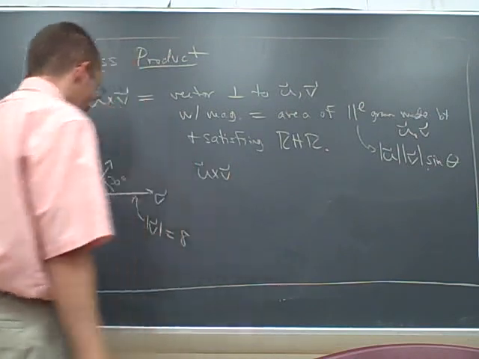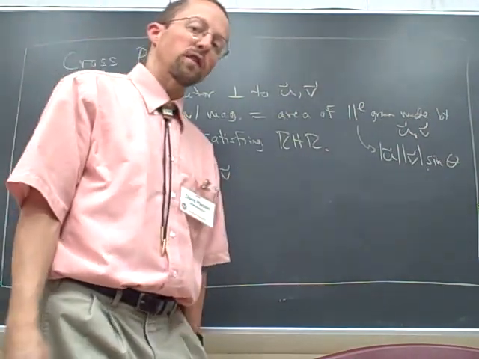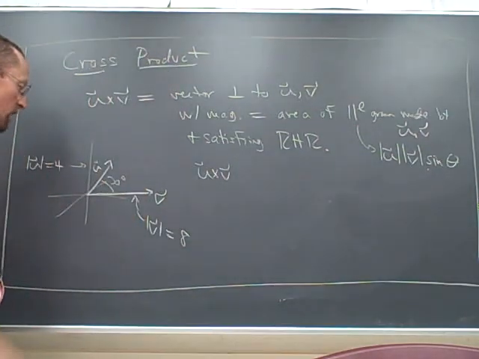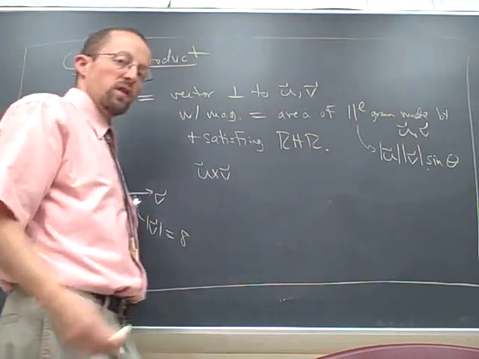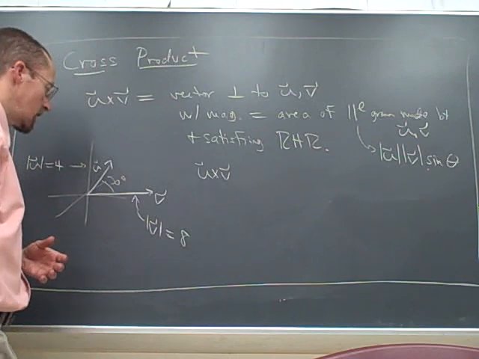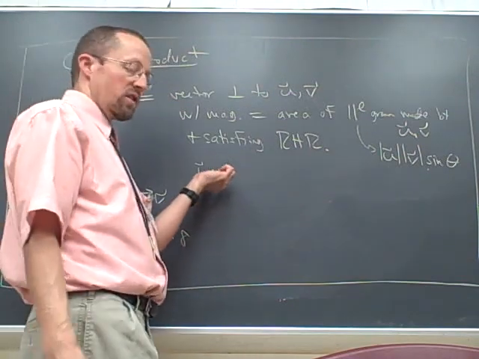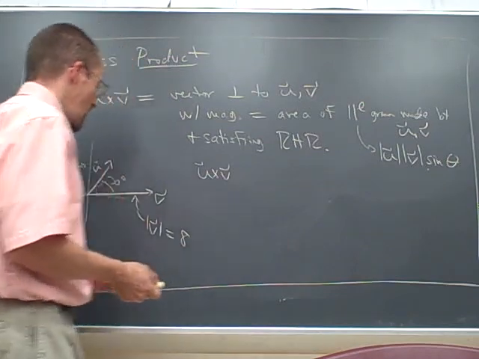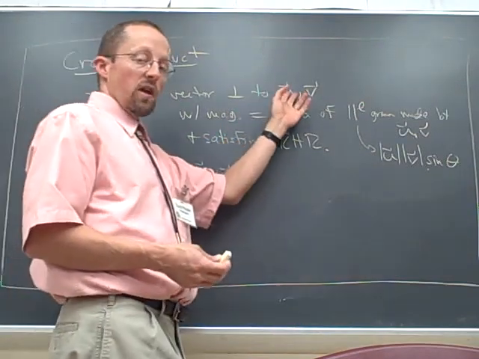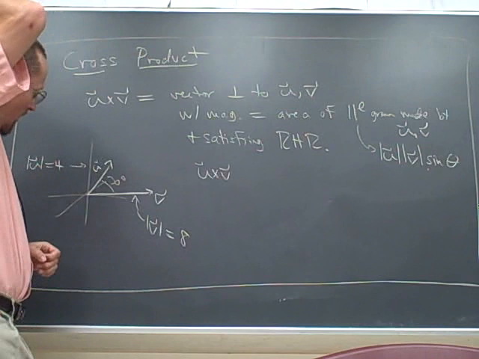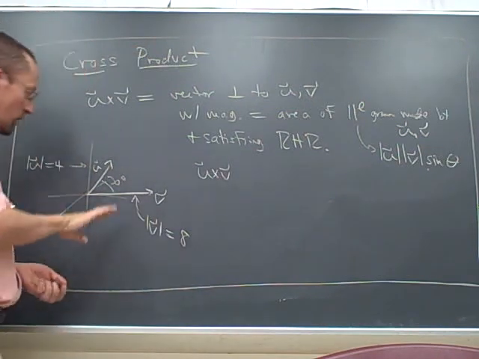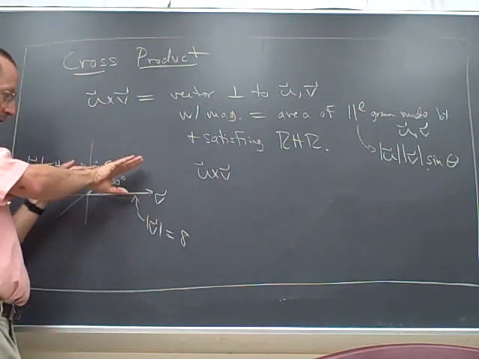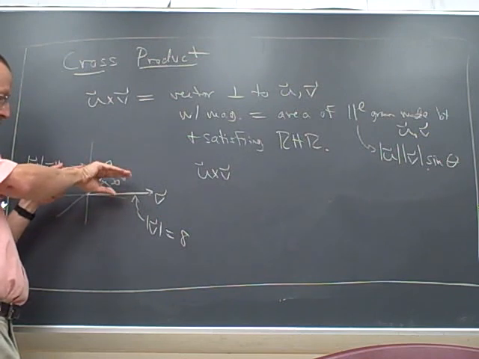So, u cross v. Let's see what I can say about u cross v. If I don't say anything more about exactly what these vectors are like, I can't exactly nail down the vector u cross v. I can draw a picture of it by using the perpendicularity and the right-hand rule. It's going to be going in which direction? Well, u is supposed to be my hand, and then my fingers curl towards v.